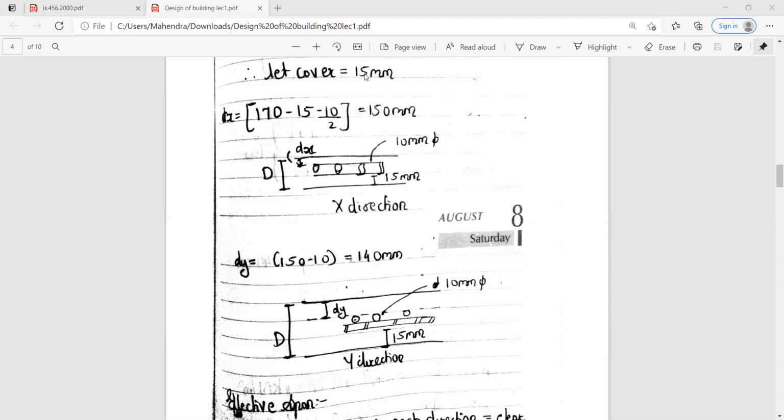And if anyone is having any doubts, you can ask. The main reinforcement is 12. We have not considered it as 12, we have considered it as 10 mm only. It is mentioned in the IS code that up to 12 you can take. So we have taken it as 10.